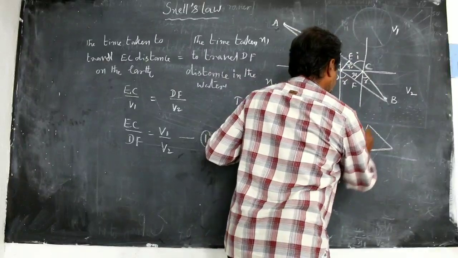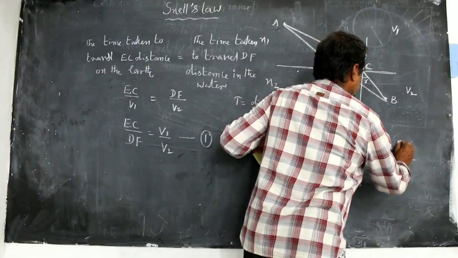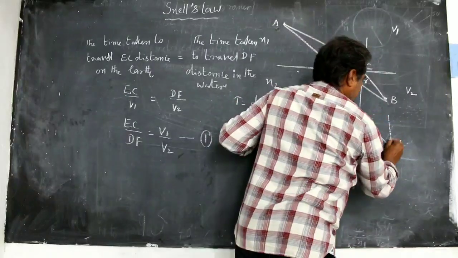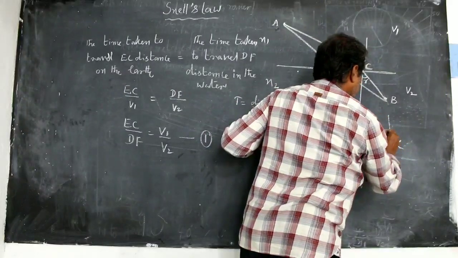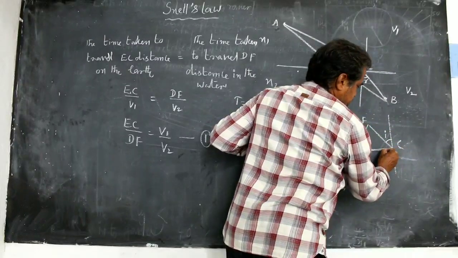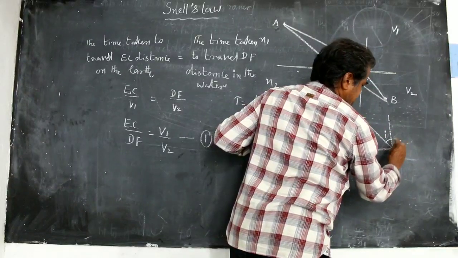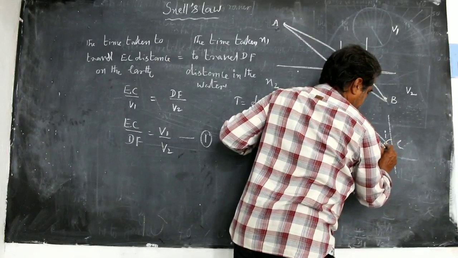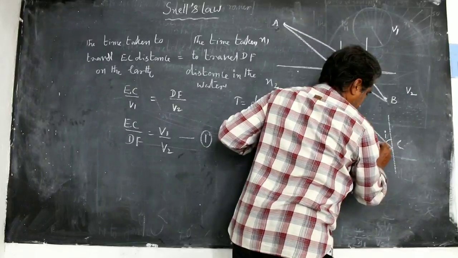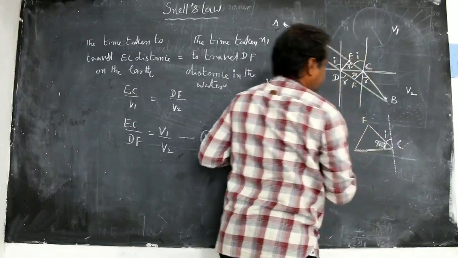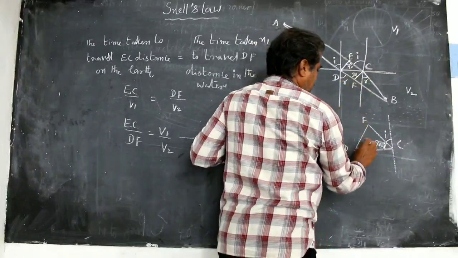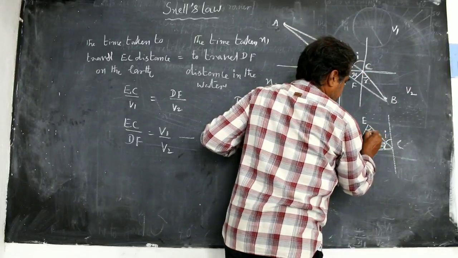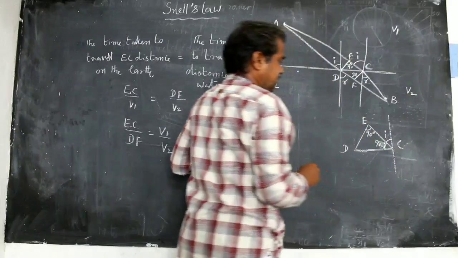This is D, F, C. This is the normal, and here this angle is I. From this point to this point the angle is 90 degrees, so it becomes 90 minus I. This is the normal from point D to E, so this is 90 degrees. It is a right angle triangle.